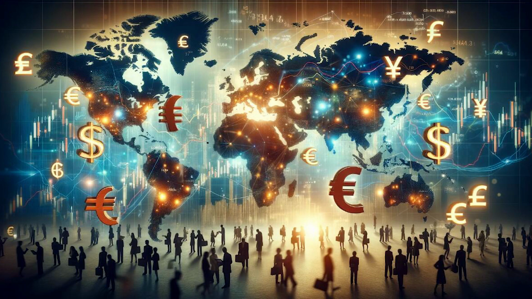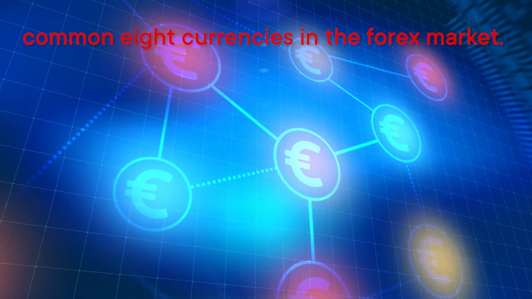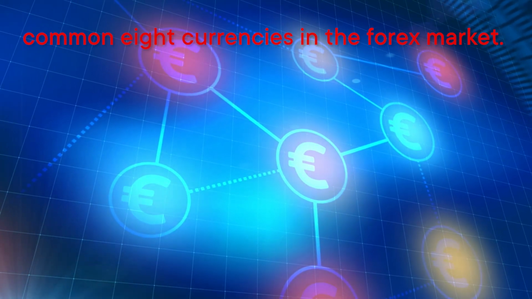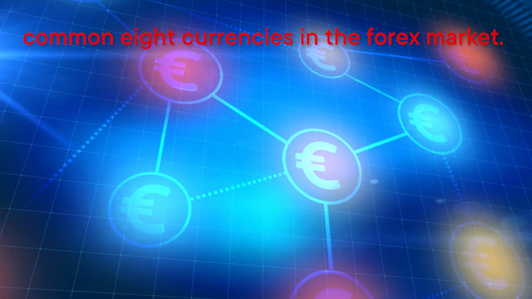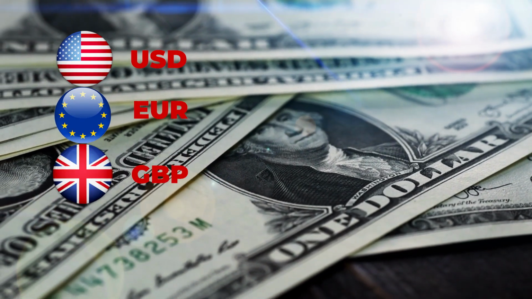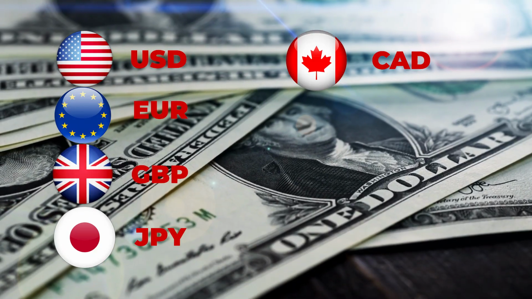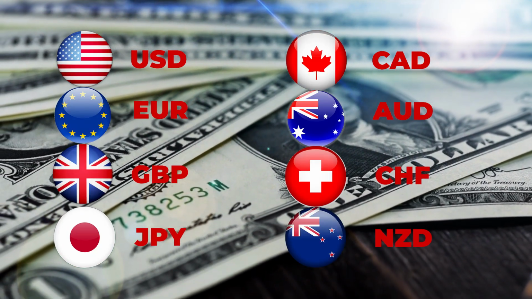In the forex market, we trade what we call currency pairs. The combination of the currency pairs uses 8 common currencies in the forex market. These are the big currencies that are traded most in the forex market. So we have the US dollar, euro, pound, Japanese yen, Canadian dollar, Australian dollar, Swiss franc, and New Zealand dollar.